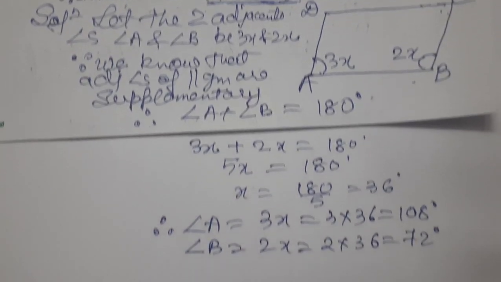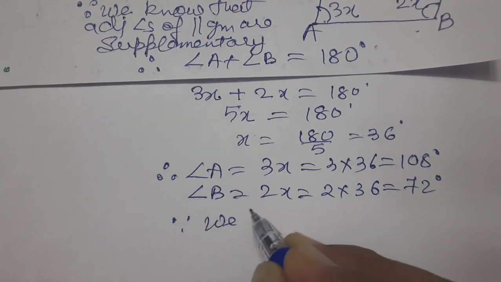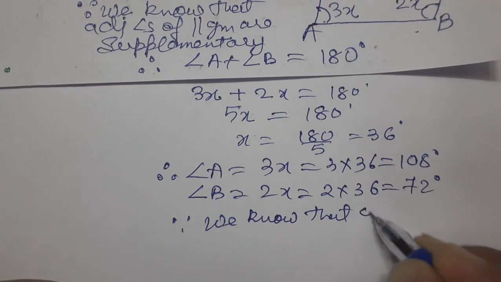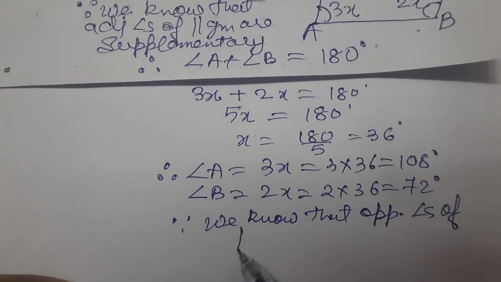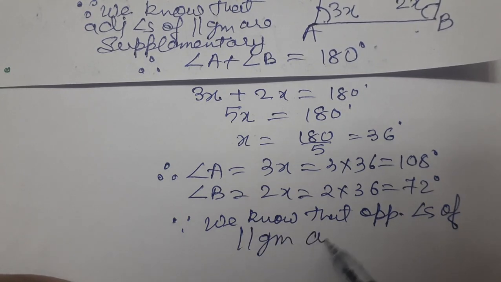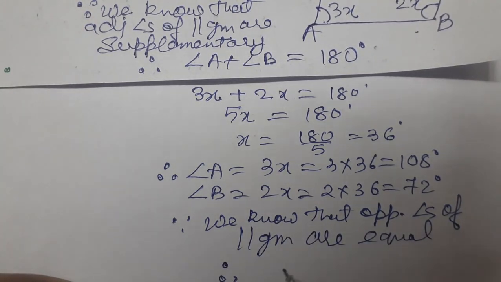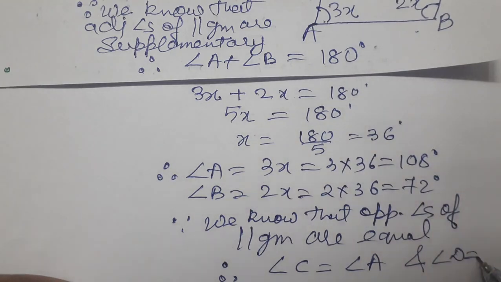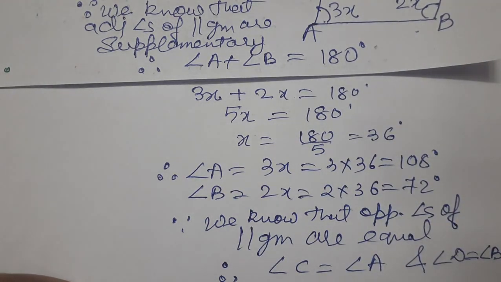So we'll write, since we know that opposite angles of a parallelogram are equal, therefore angle C equals angle A and angle D equals angle B. So put the value.